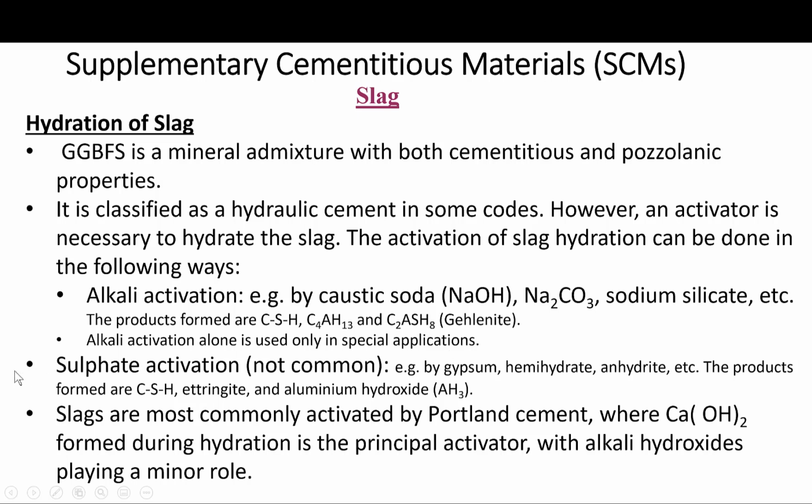The second method is sulfate activation, which is not common for obvious reasons, for example by using gypsum, hemihydrate, or anhydrite. The products formed in this case are calcium silicate hydrate, ettringite, and aluminum hydroxide.